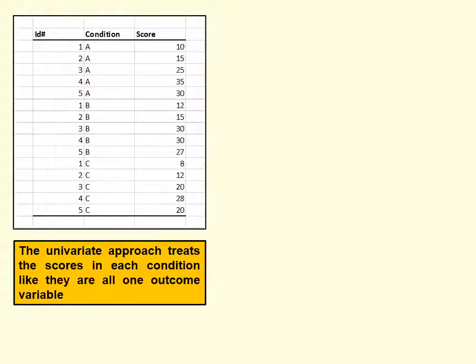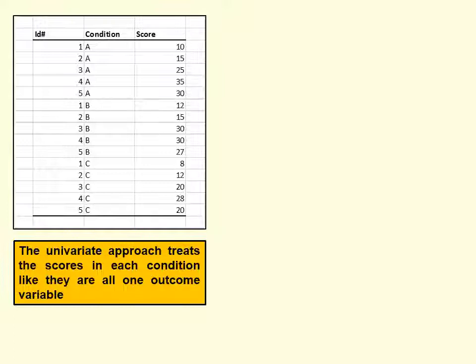So just to characterize how these two ways of thinking about data are different, we can imagine in the univariate approach that we're treating all these scores on these separate outcome variables as if they were all scores on one outcome variable. Here I've got a very small data set for only 5 participants who go through each of 3 conditions, condition A, B, and C, and each person has a score for each of those conditions.